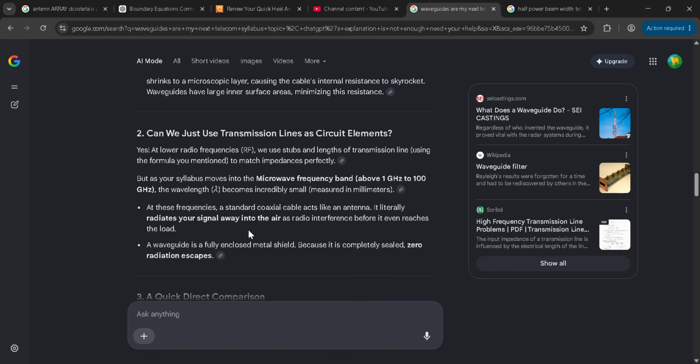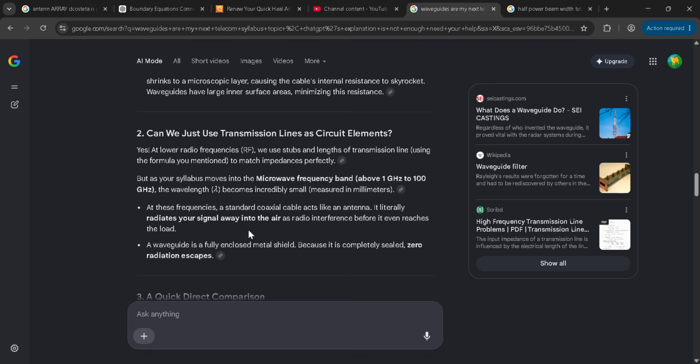Okay, let's use waveguides. I am unable to see waveguides. Okay, waveguides.